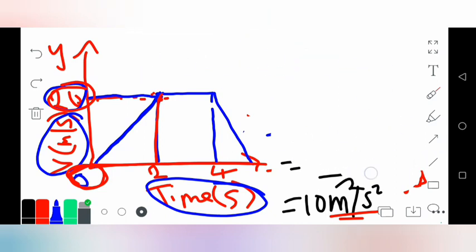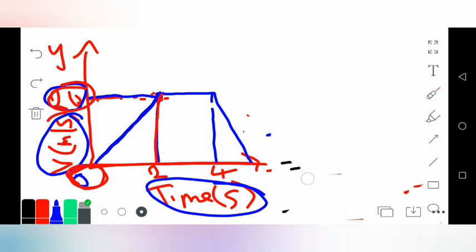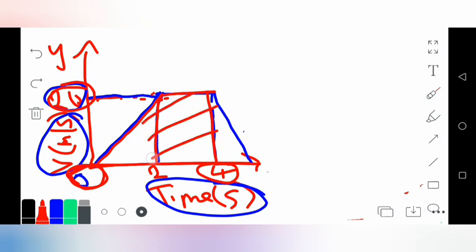You have to relate and map the shape that is formed. When you look at this one, the shape is this one, then you have this kind of shape. Let's say the distance traveled under this graph in 4 seconds, you can say this is the area.